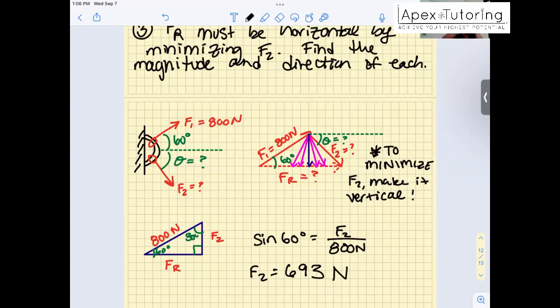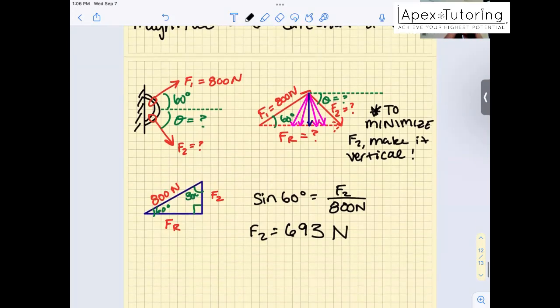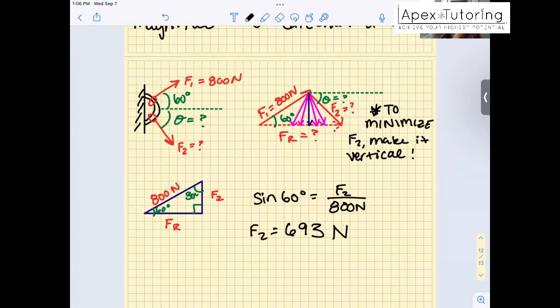And if I wanted to solve for FR, what should I do? You could take the tangent of 30 is FR over F2, which is FR over 693.